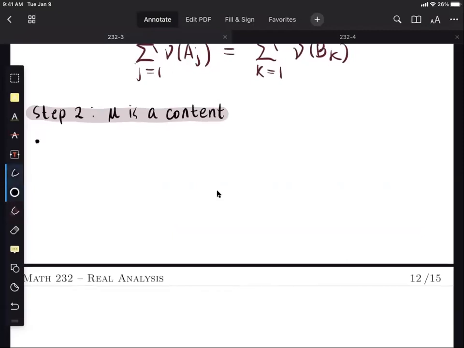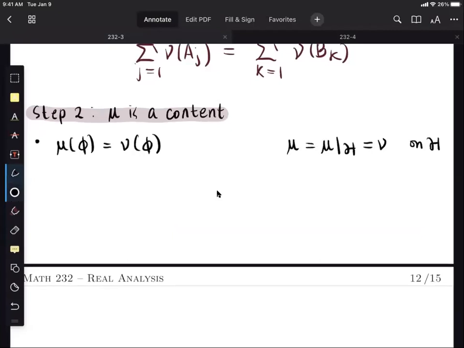So the first one, let us look at the value of mu at the empty set. Take note that mu is the same as nu on H. Or if you like, this is the same as the restriction. So the function and the restriction are the same on the set where the function is restricted, and this is nu.